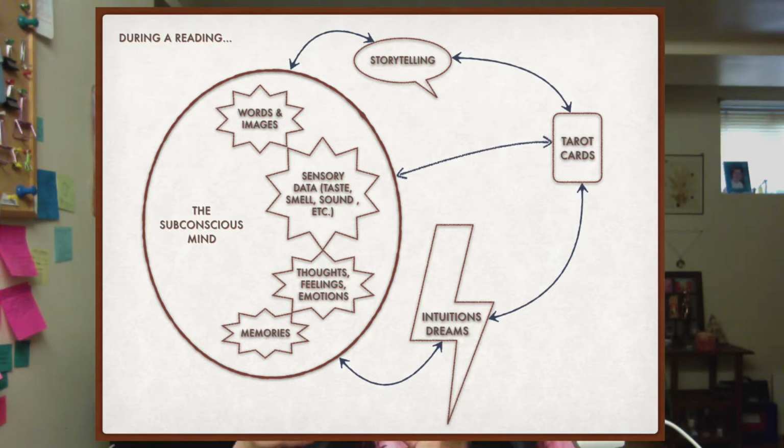Your tarot cards are one of the tools, just like your intuitions, just like sometimes you have prophetic dreams, or your cards can spark a storytelling session, or you can spontaneously start telling a story. All of that comes from the subconscious, and you're basically taking the information that's been stored there. So that's the language that your subconscious is going to use to convey that to you through various ways and means.